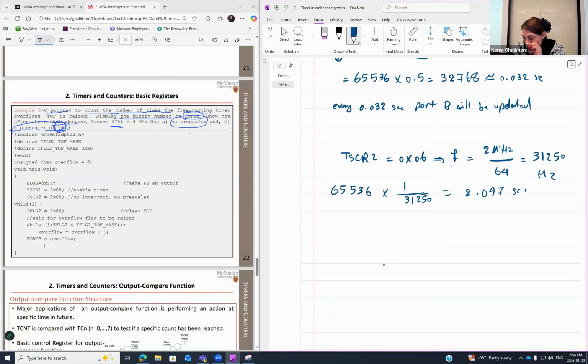Now it takes almost 2 seconds to update or overflow port B. Make sense? If I have the prescaler, it takes almost 2 seconds. If I do not have a prescaler, it takes almost 0.03 seconds each time for port B to be updated.